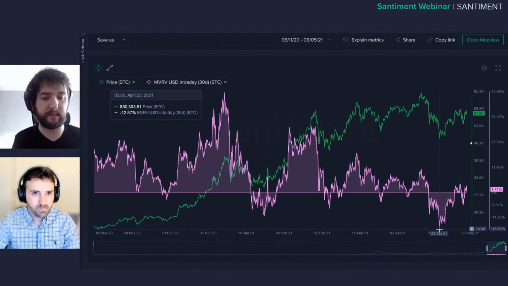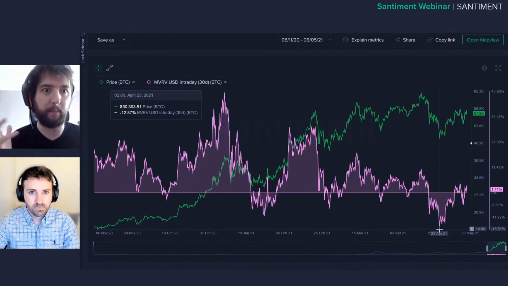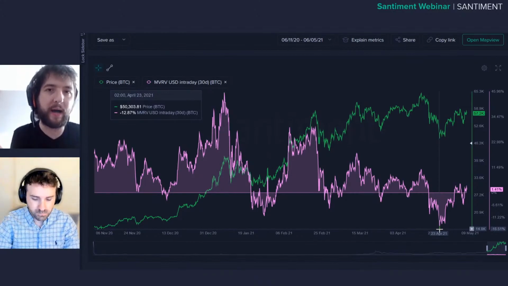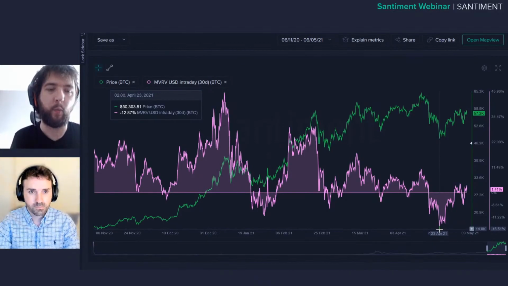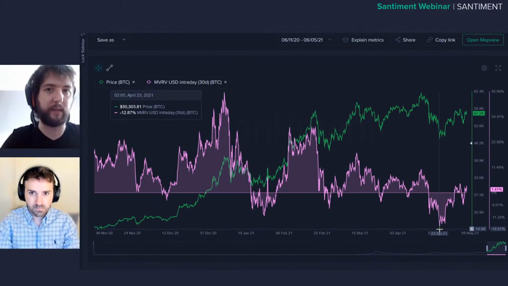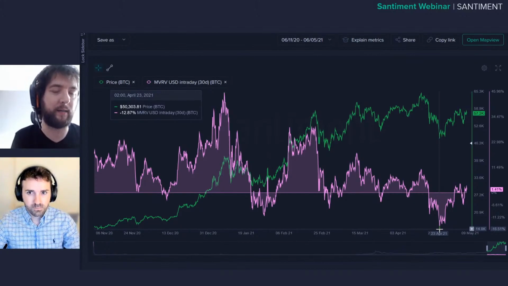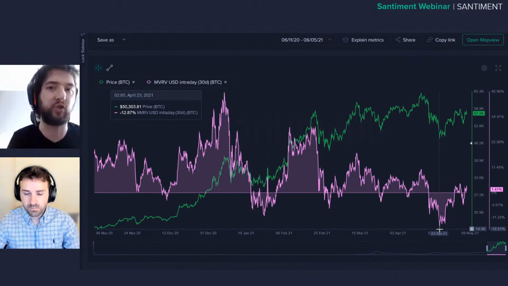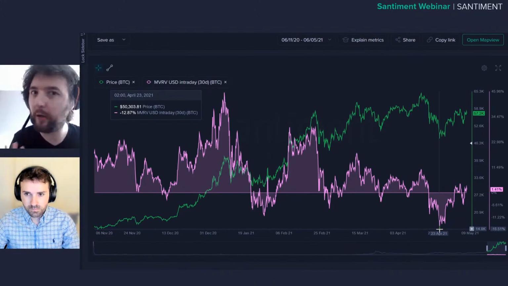So what that essentially means is that the total amount of funds that was spent to acquire all Bitcoin in the previous 30 days was more than the total market cap of that coin, Bitcoin in this particular case. So that means that the current market cap is lower than the total amount of money that was used to purchase this particular asset, which assumes that by that equation, the coin is currently undervalued or oversold, right? So as a result, like I said, the lower the MVRV, the more undervalued the coin, the higher the MVRV, the more overvalued the coin, at least according to MVRV.